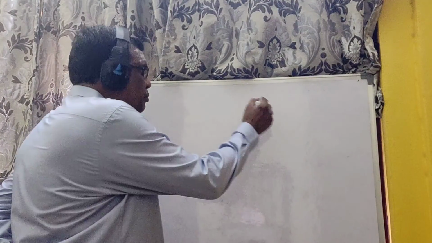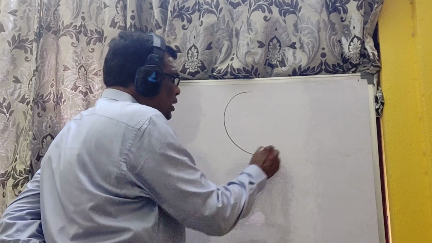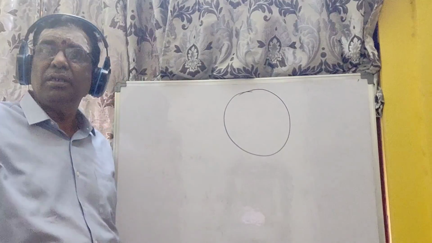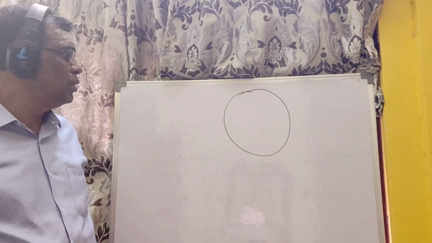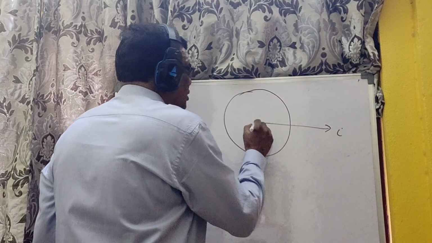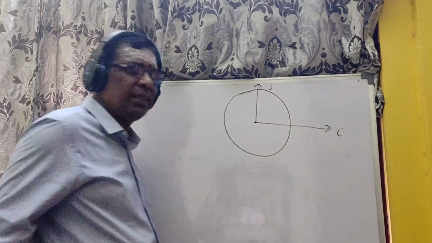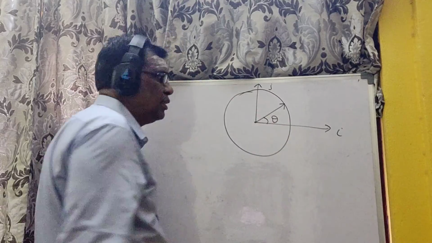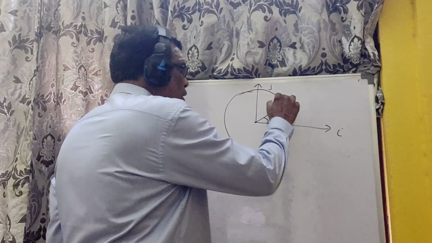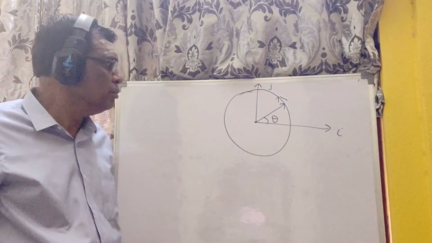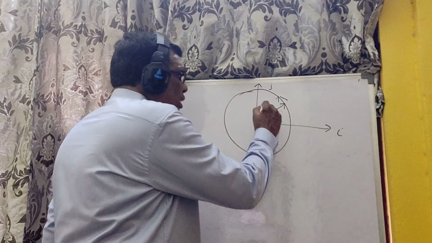I said a particular particle is moving along a circular path. If I take the standard directions as i and j, and the particle makes a general angle theta, let me presume that it is moving anti-clockwise, and the radius vector is r.